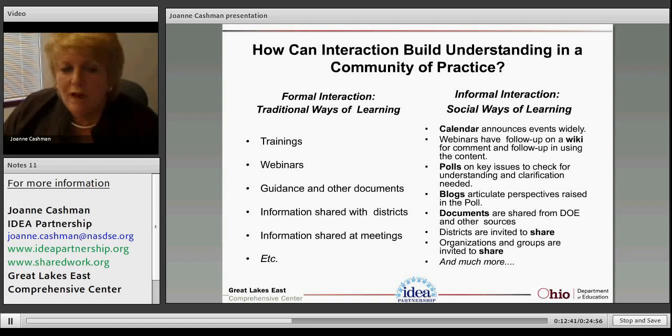In public work, we have to be very careful that we're not lobbying for one perspective or another, but we're putting the perspectives out there. What if we opened that up so that multiple sources are shared? What if districts, and in this case we're talking about a state agency, but what if districts were invited to compile some of their best strategies and share it on a site?